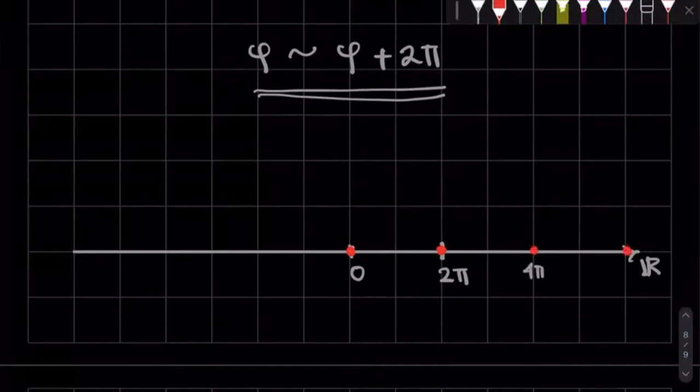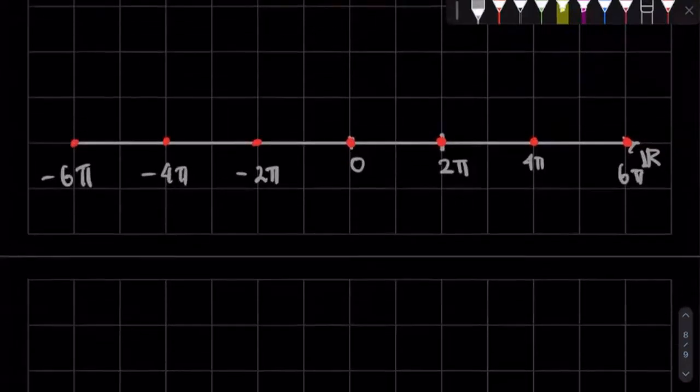So if I take R and identify every point at 2 pi distance, sorry, this is 4 pi. Then what do we have?